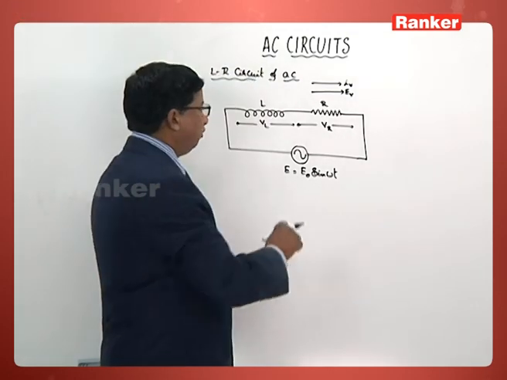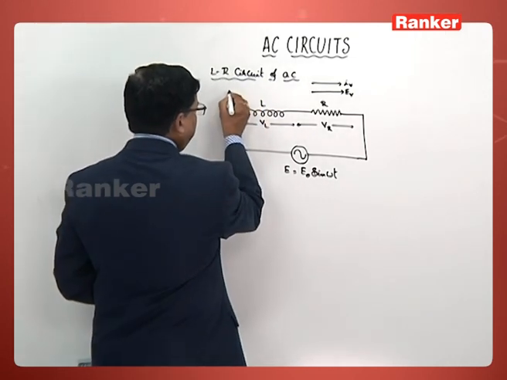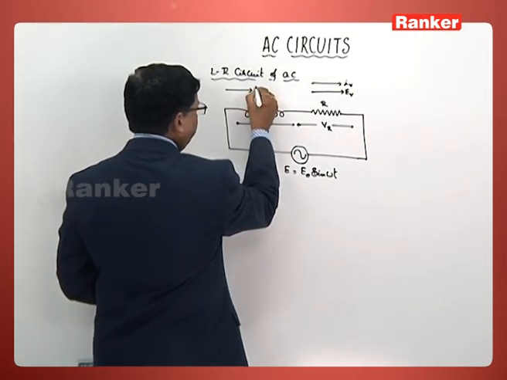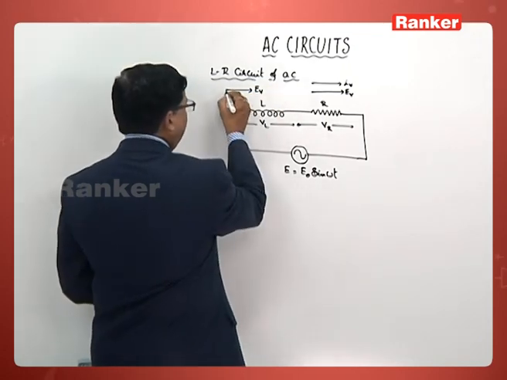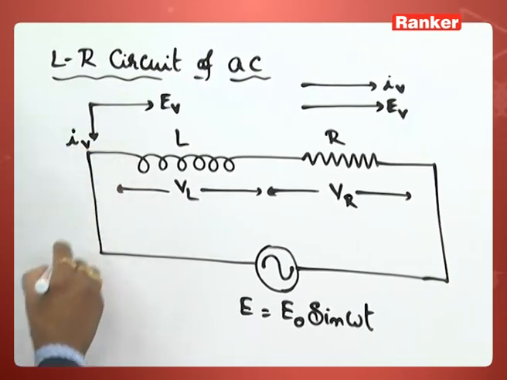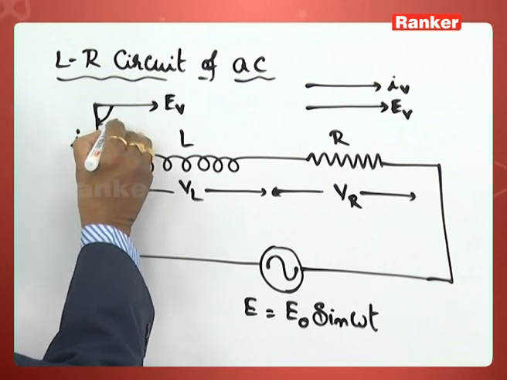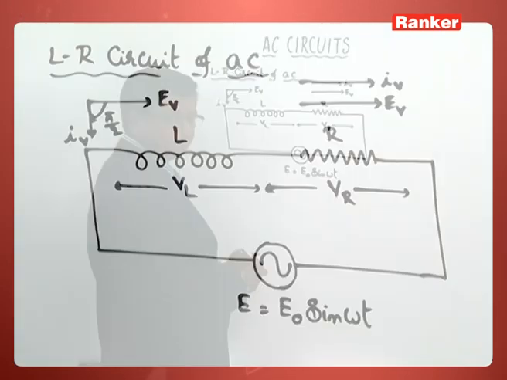The same thing we can show here. When I consider this is the virtual value of EMF, current is now lagging behind this one. The virtual value of current lags behind this EMF by pi by 2 radian.